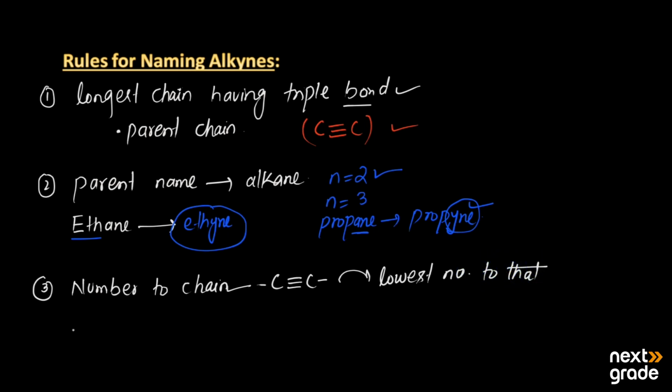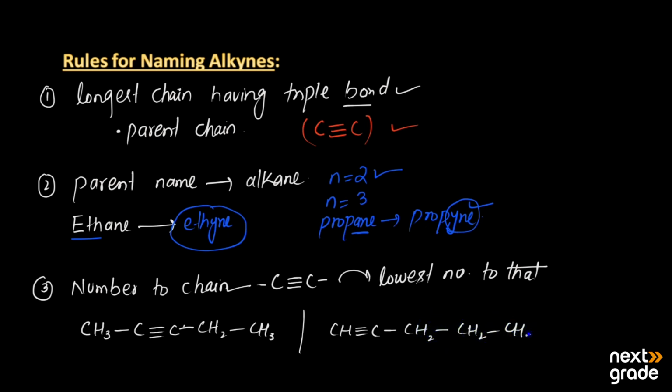Likewise, if we have two examples: CH3, C triple bond C, CH2 and CH3. This is one condition. On the other hand, the second compound is CH triple bond C, CH2, CH2 and CH3.